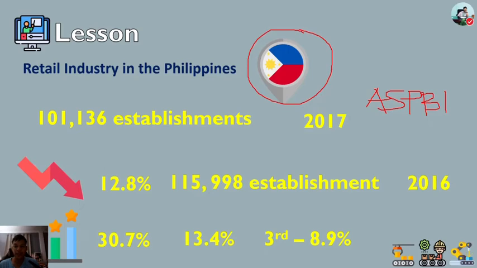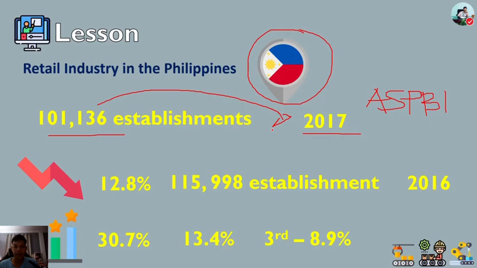So it showed that a total of 101,136 establishments were engaged in wholesale and retail trade in 2017.